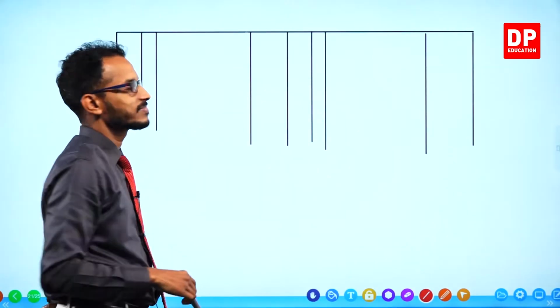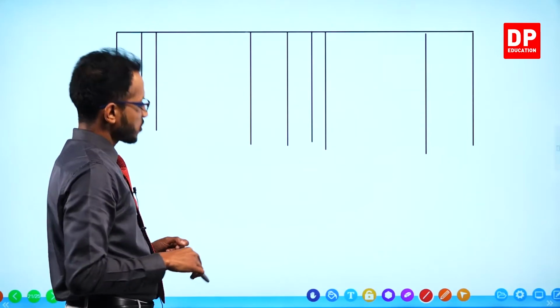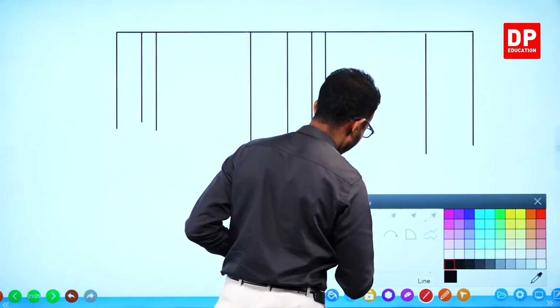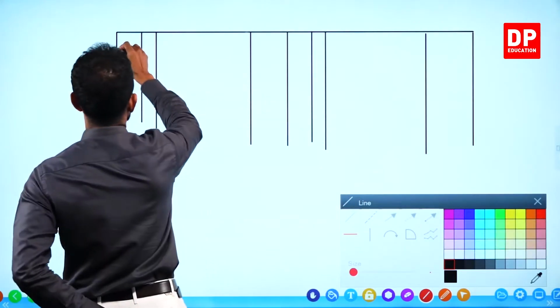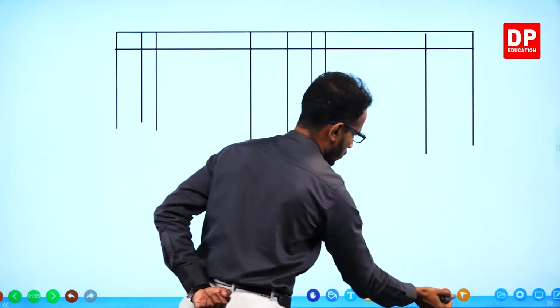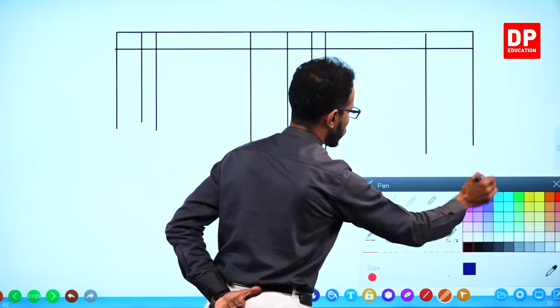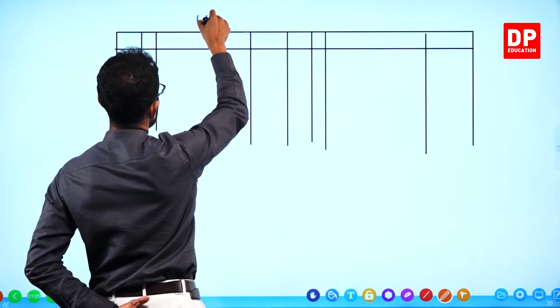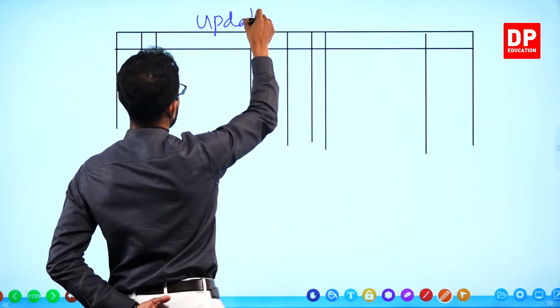All right. Children, I'm drawing the full format of a ledger account for the adjusted bank account, or updated bank account.